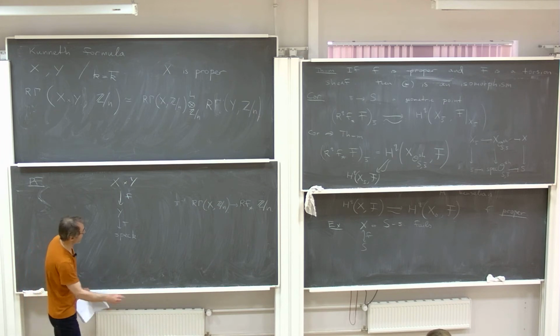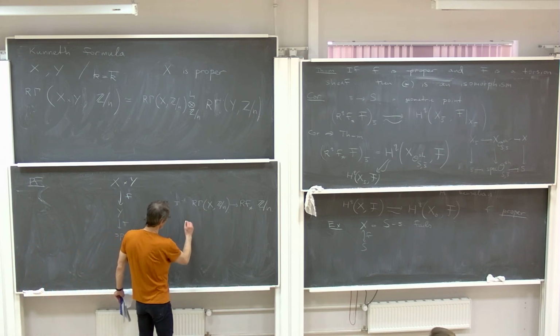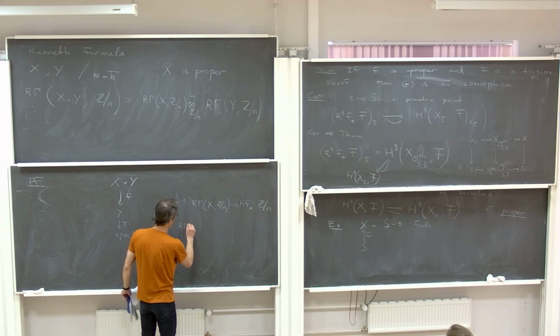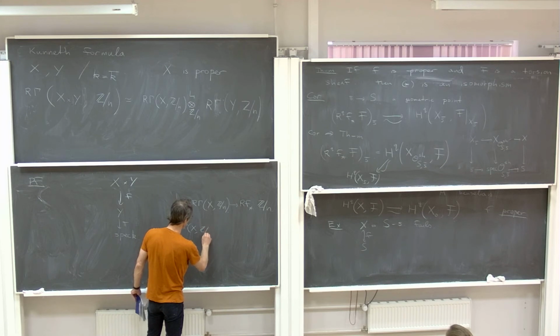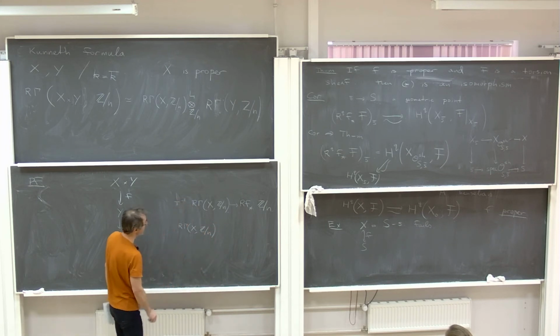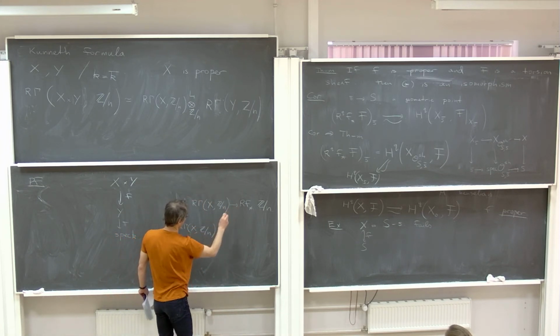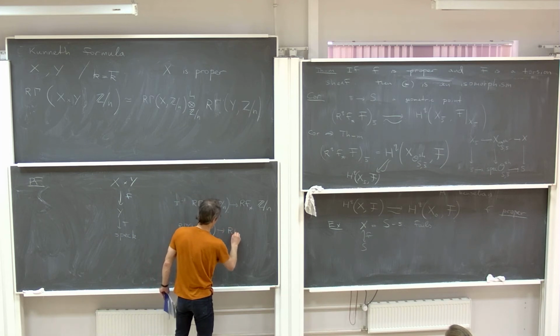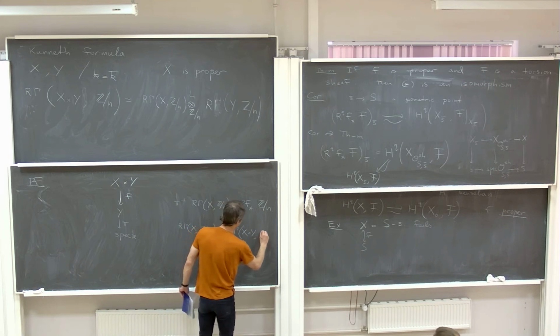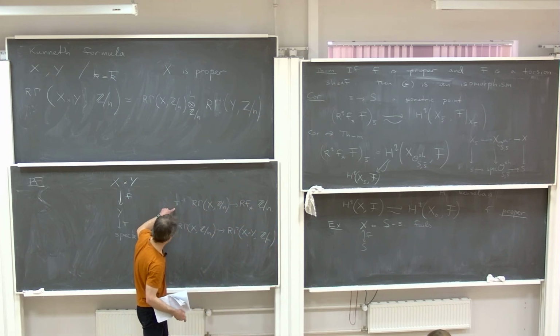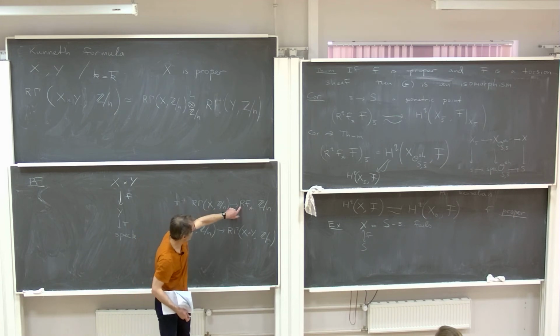Well, by adjunction, constructing this map is equivalent to constructing a map of complexes of abelian groups from this complex to R Gamma of X times Y, Z mod n Z. If you take R pi lower star composed with R f lower star, that's the same as R Gamma.